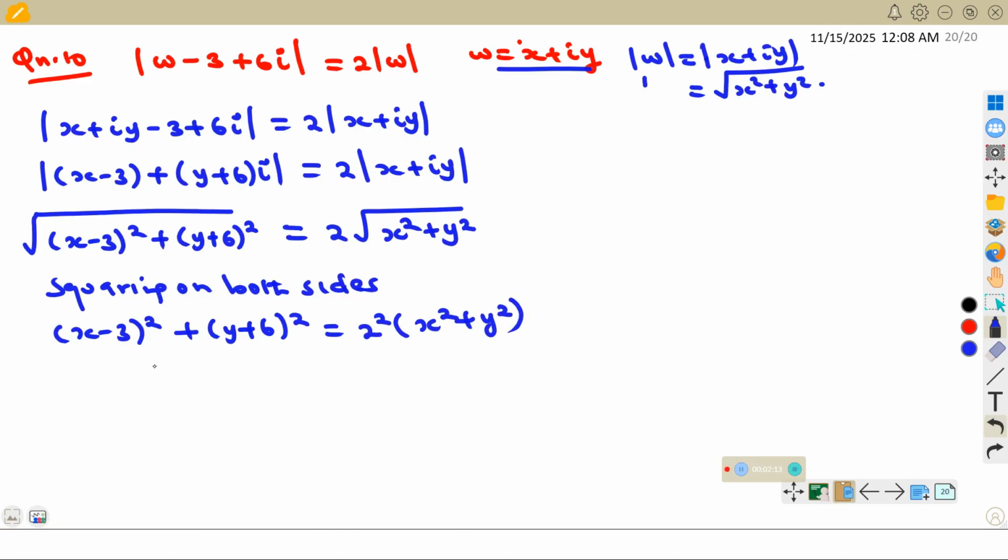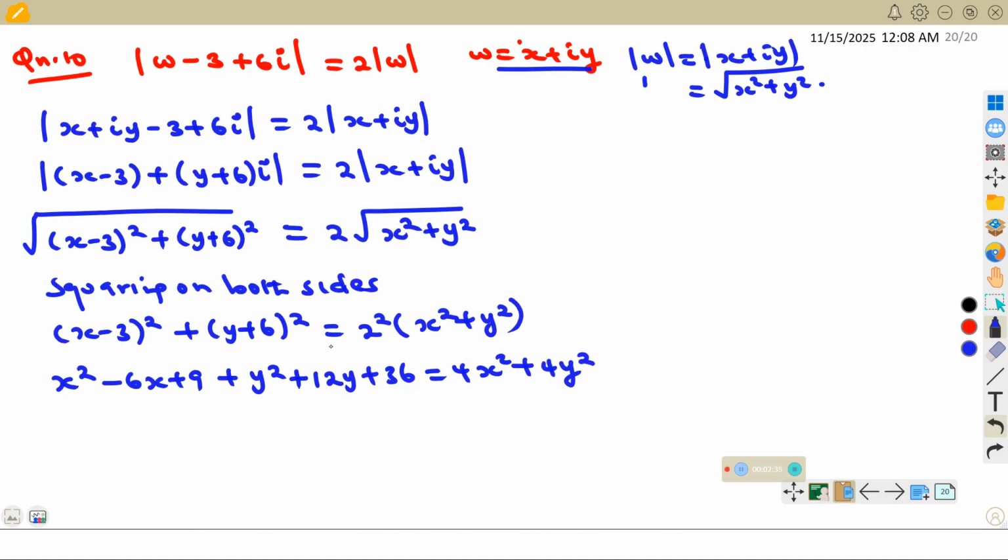So this can be simplified further to give us x squared minus 6x plus 9 plus y squared plus 12y plus 36 will be equal to 4x squared plus 4y squared.